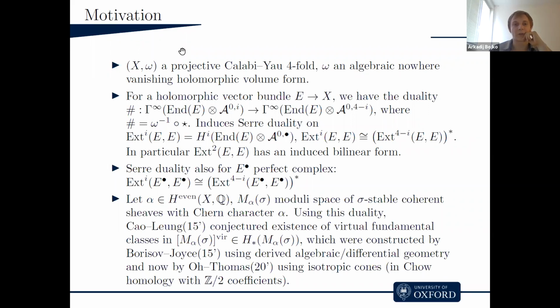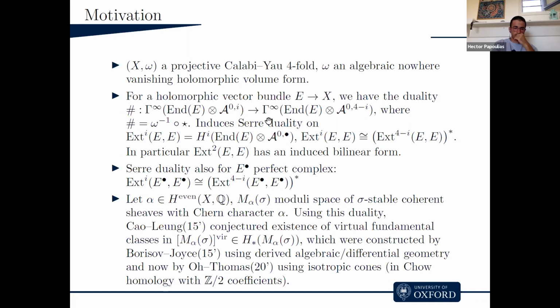I'm going to start first with a projective Calabi-Yau fourfold, meaning that X is a projective variety and omega is an algebraic nowhere vanishing holomorphic volume form, or a section of the canonical bundle. For a holomorphic vector bundle E, one has the usual duality, which on a Calabi-Yau fourfold has an extra form, so to speak, called the hash.